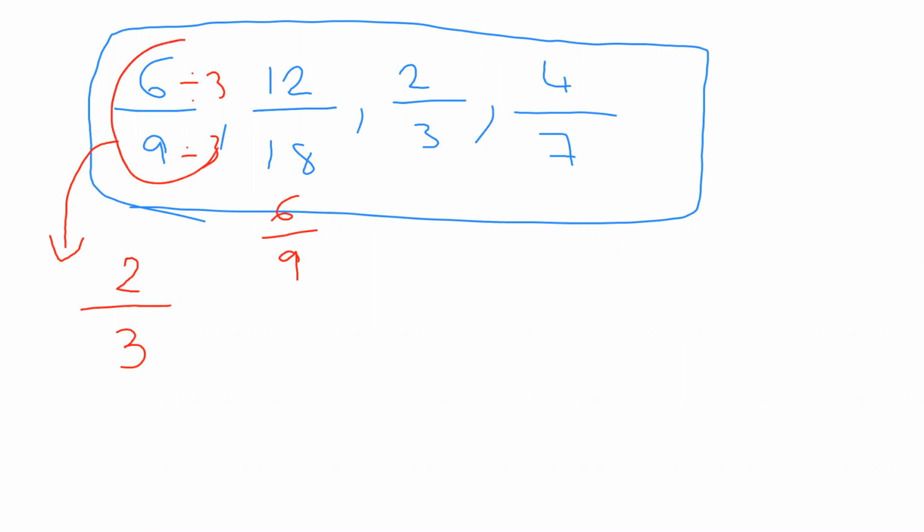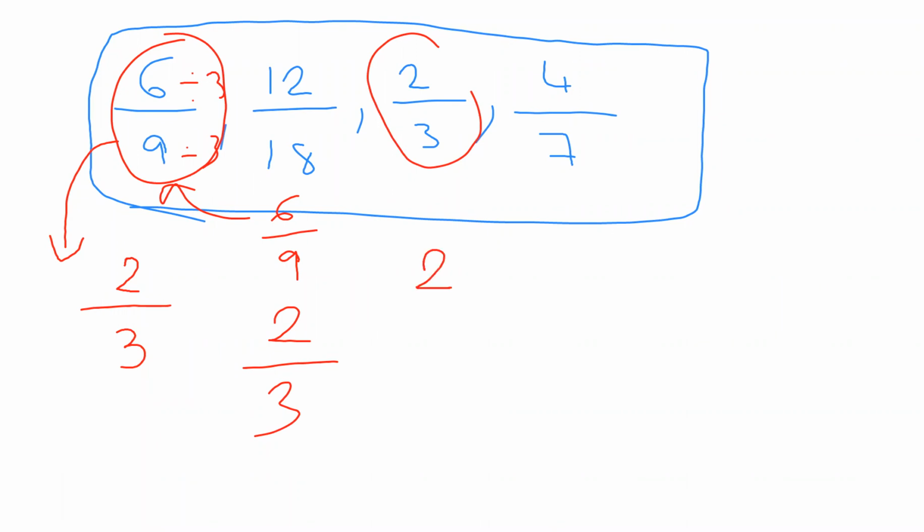Exactly. Perfect. The third one, 2/3, is already in the simplest form. And 4/7, is it in the simplest form? Yes, it is. So the final answer is 4 over 7.